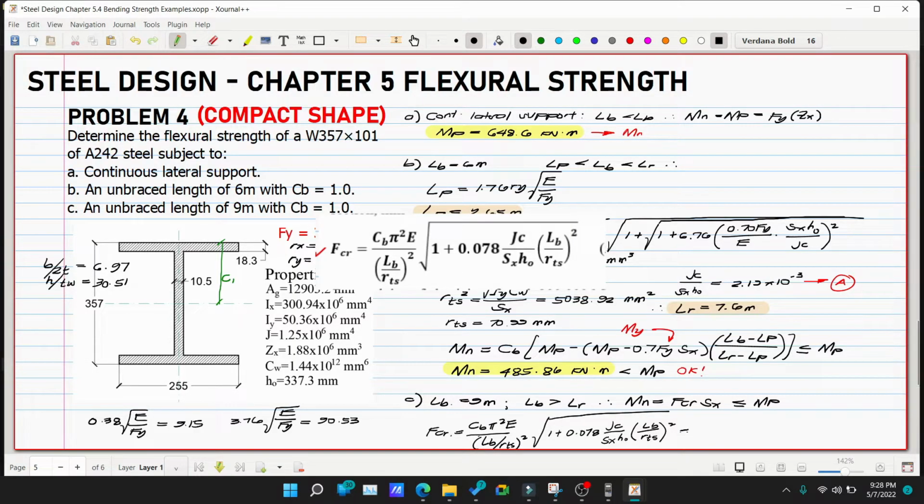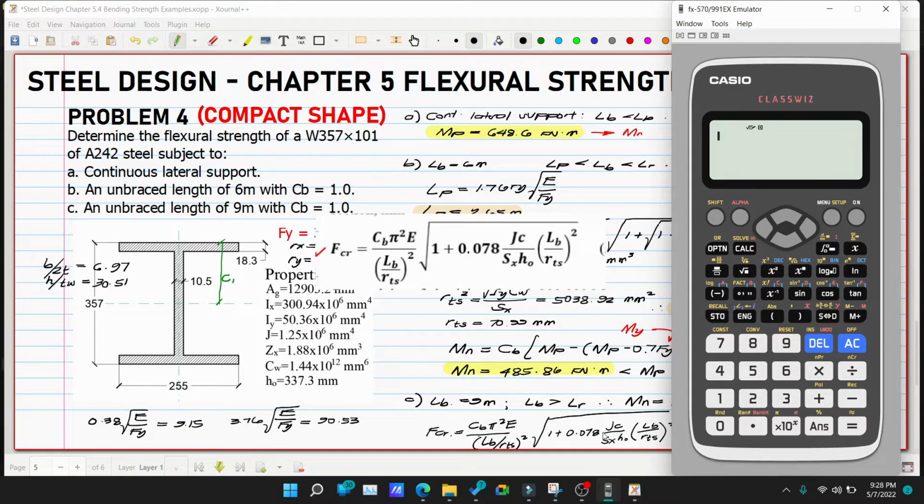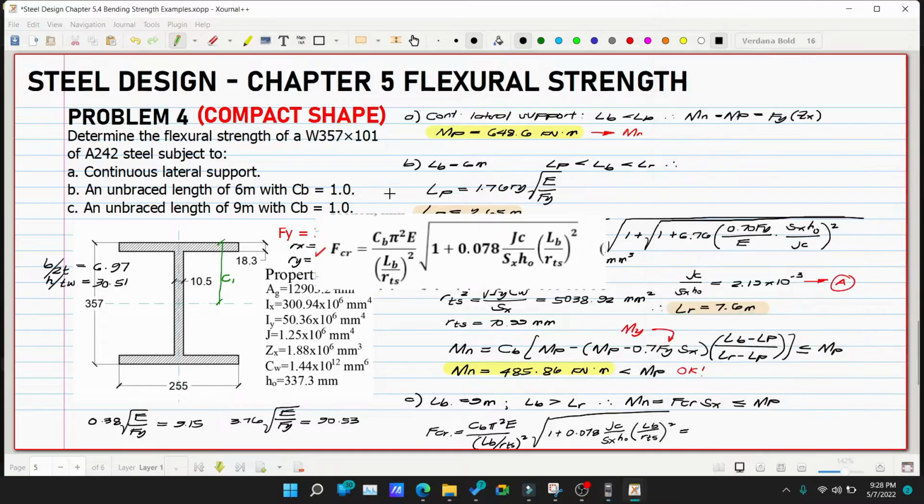Ayan. Okay, so check natin kung dyan pa rin yung value ng ating JC over SX HO. So alpha A yata yun. Okay, so 2.192.